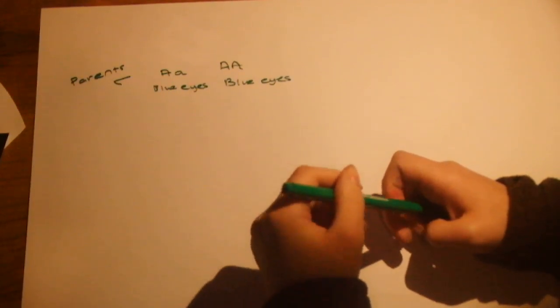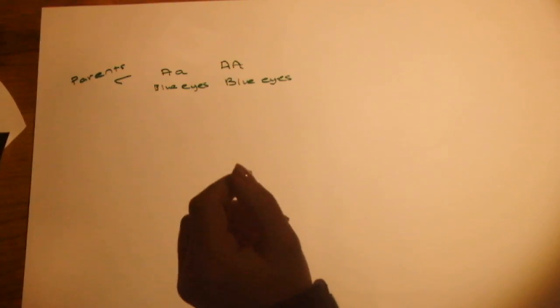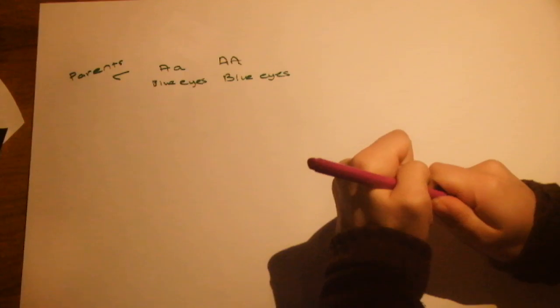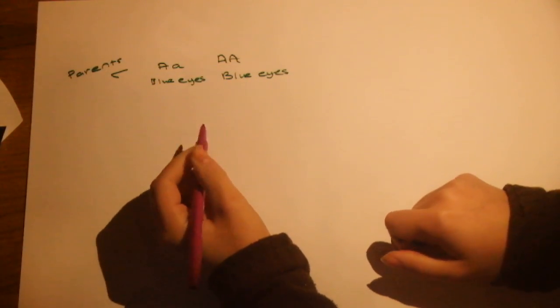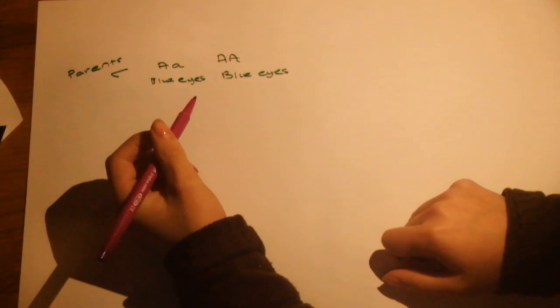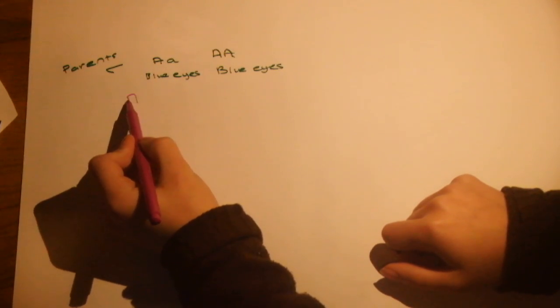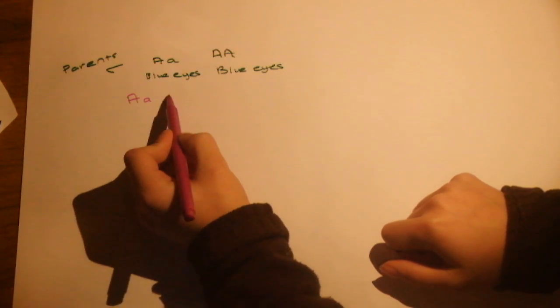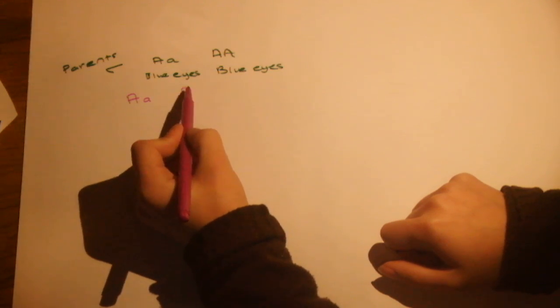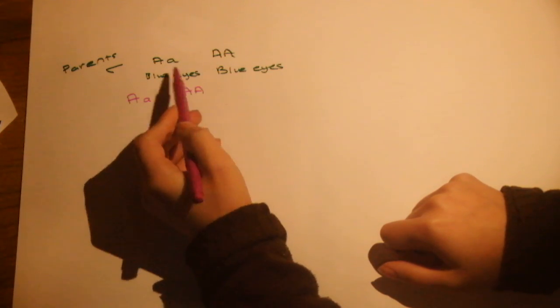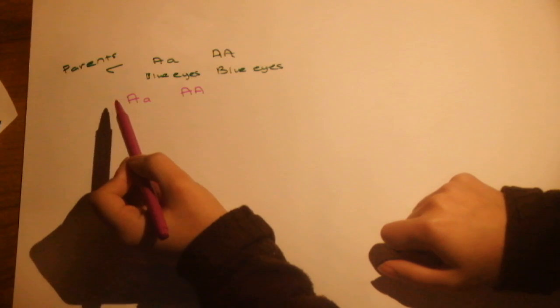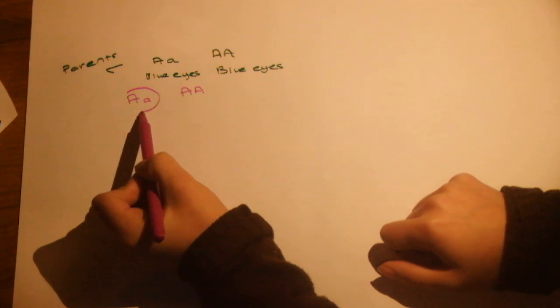Okay, so once you've done the genotype and the phenotype of both the parents, then you go on to do the gametes of each parent. These are the different combinations that you could have. So you could have big A, little a, and then you can only have big A, little a, and two big A's, because that's what you can get here. When you do the gametes, they are always circled.